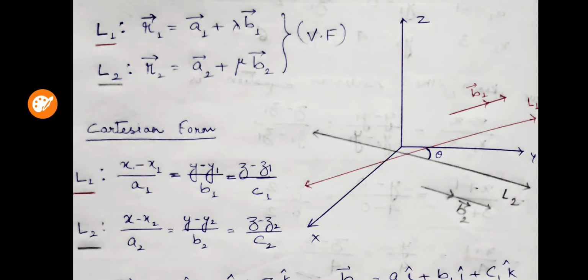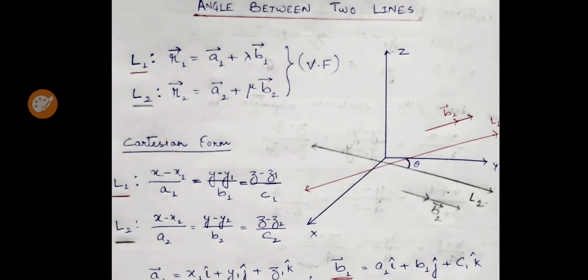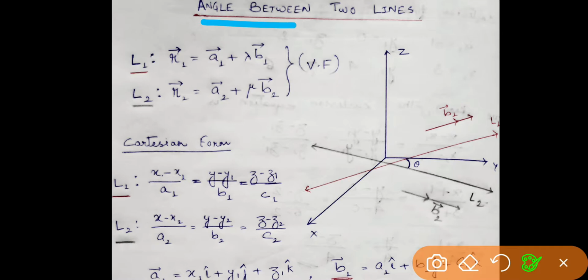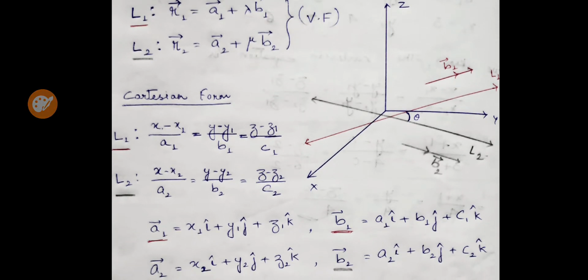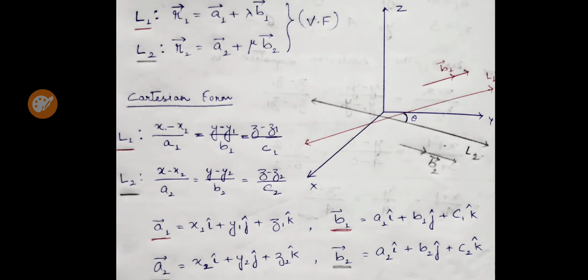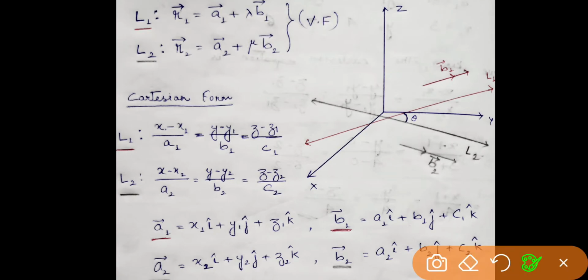Now we will be doing the angle between two vectors or two lines. You can clearly see the vector form here. Look at this equation of the line.